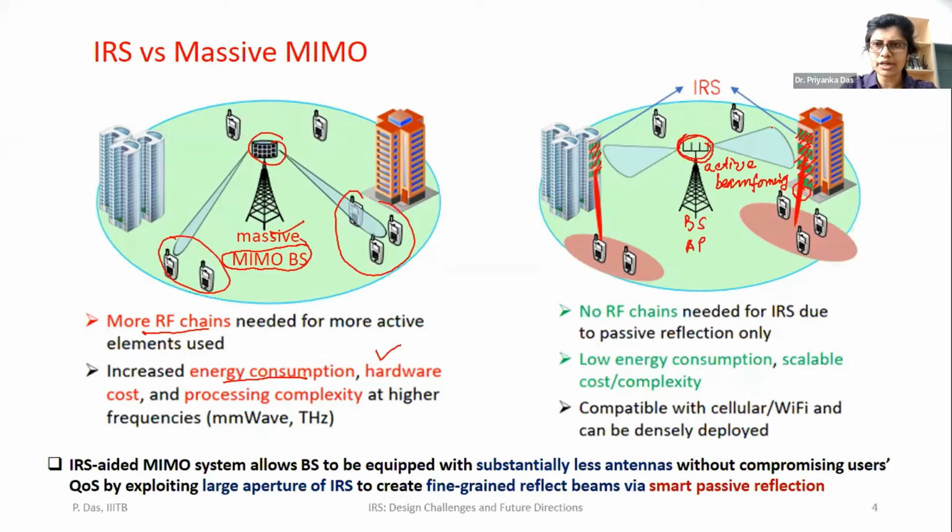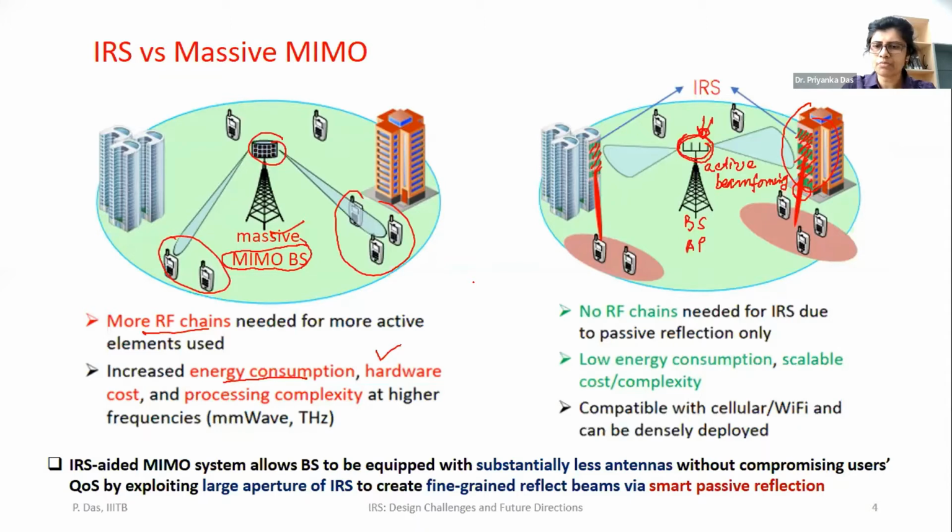But you are going to incorporate something different to change your environment itself, rather than putting the burden at the user end or at the base stations, which are complex and costlier. Let the wireless channel be configured smartly such that we still get the advantages for the users as massive MIMO does right now.